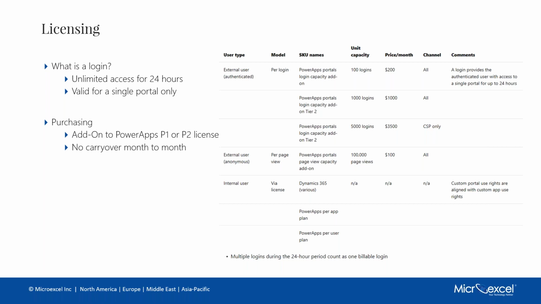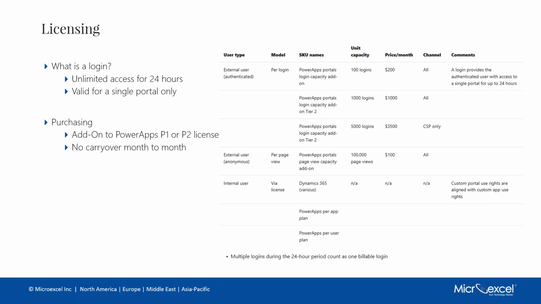So if I have two portals in my tenant that both require logins, and Amit logs into one, and then he opens the other one and logs into the other one, that is two logins, one for each. So it is unlimited access for 24 hours per portal.